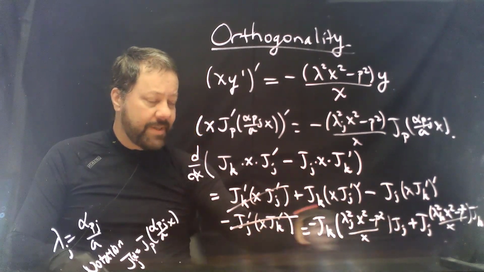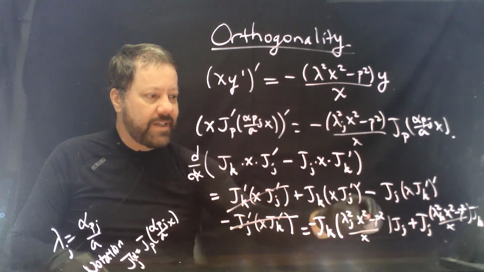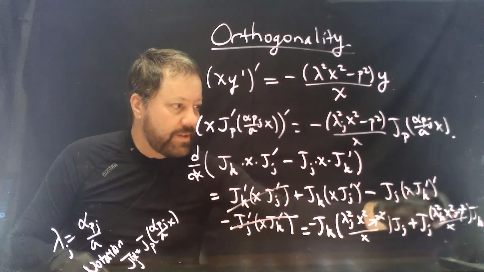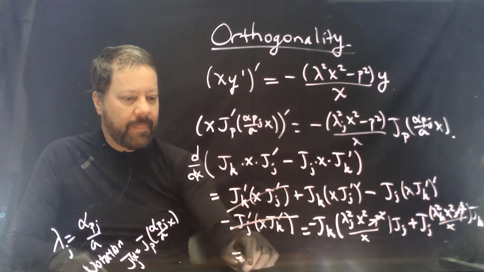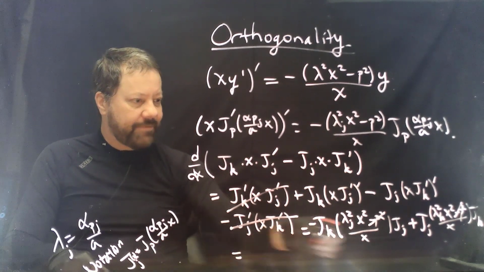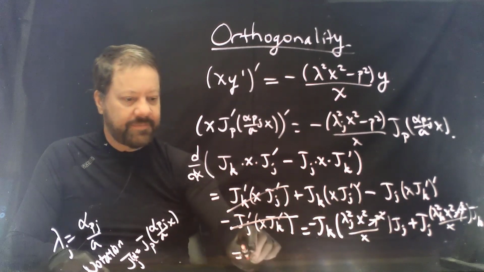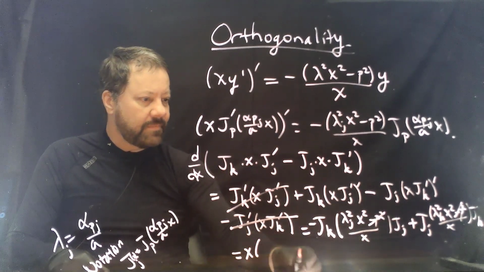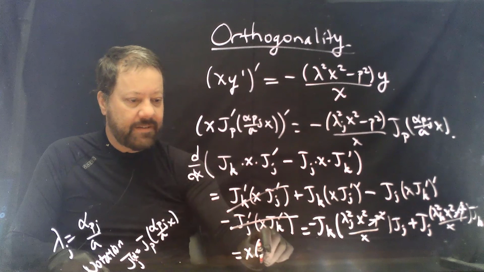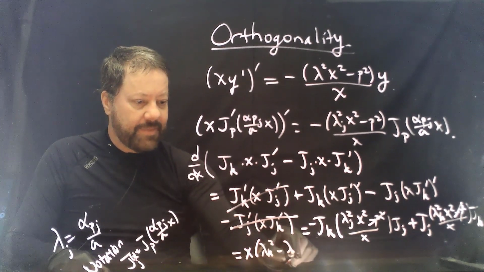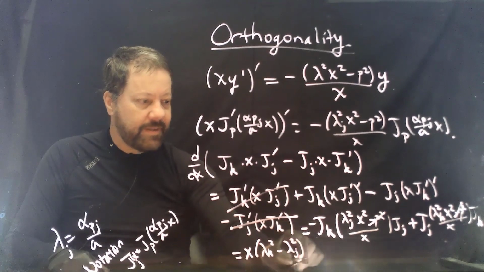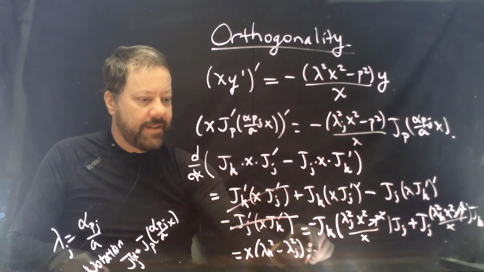Now, all the rest of this can be simplified. You can see that the p squared terms will cancel out exactly. We'll be left with x times (λ_k² - λ_j²) and then the product.